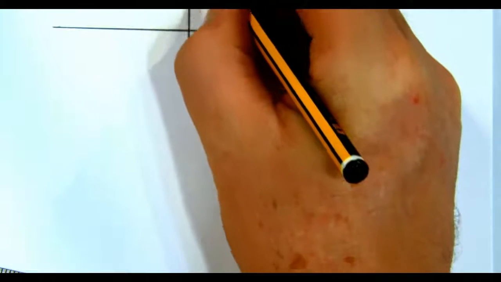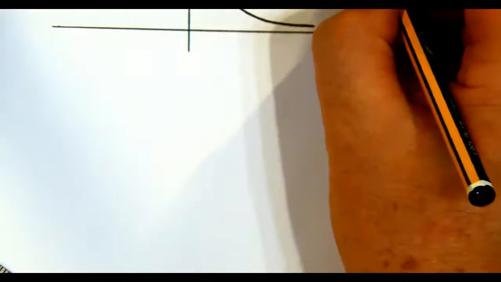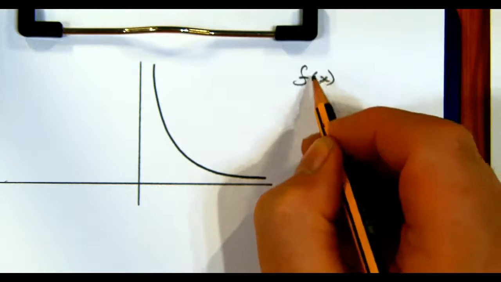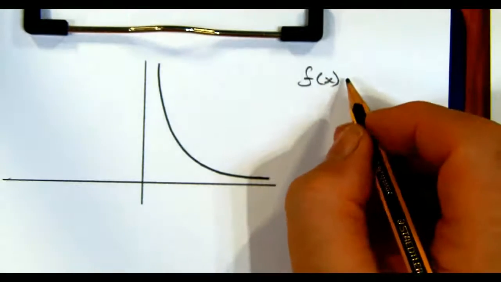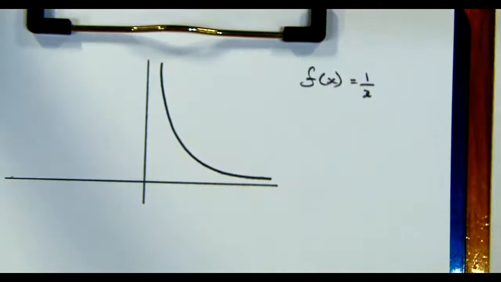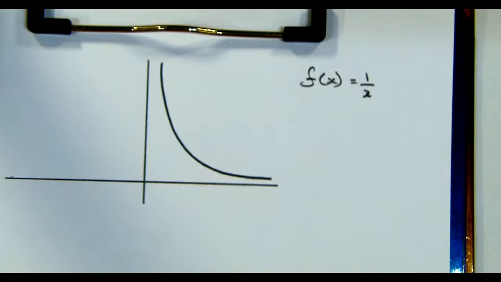And you might get some other function, like perhaps one that looks like this. This is our function of x, which is going to be 1 over x. And let's see if we can try and differentiate this from first principles.